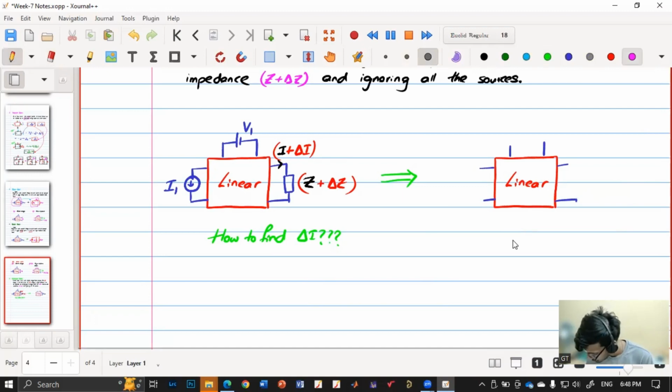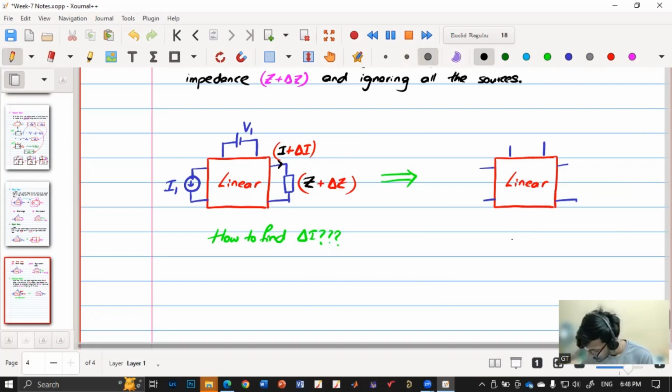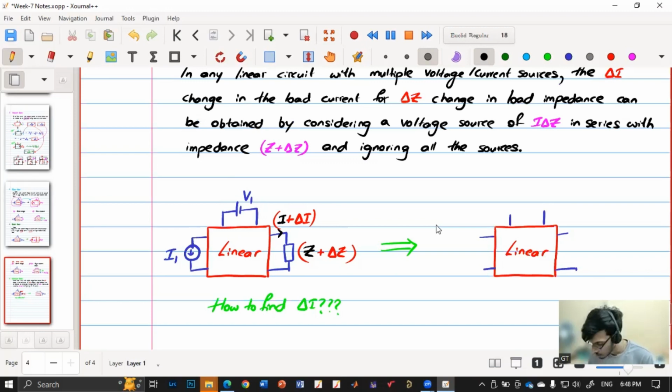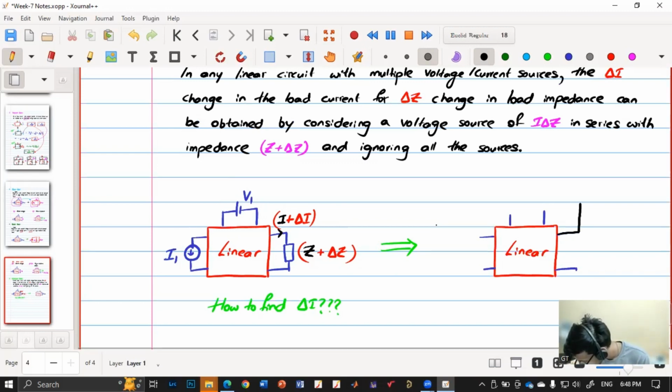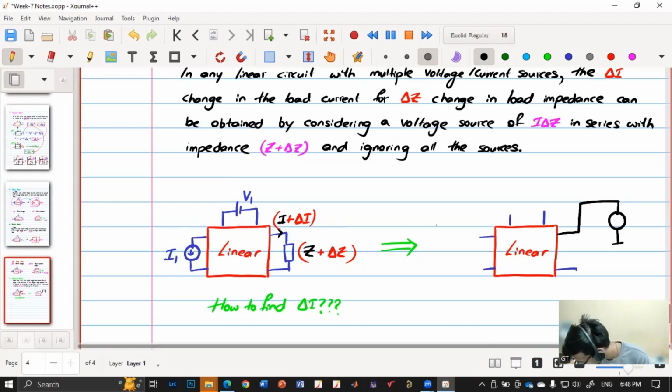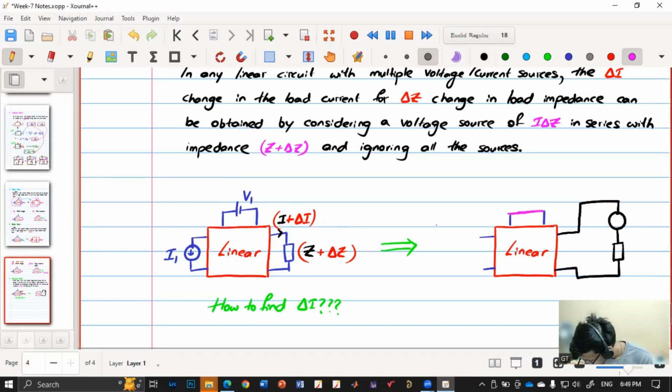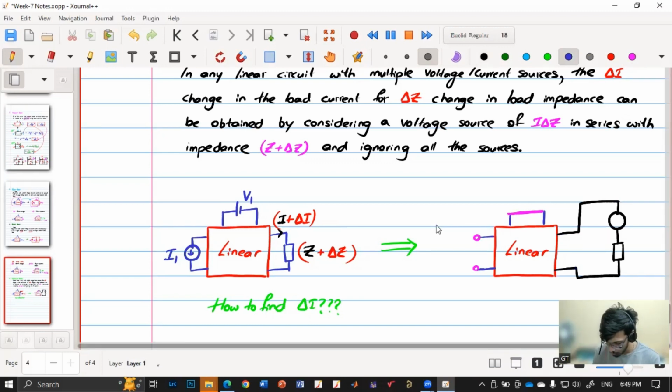What they're saying is we have a voltage source in series with the impedance. So here is the voltage source and here is the impedance. Then you short the voltage source and open the current source, because we are ignoring the sources. So voltage sources are shorted, current sources are open.